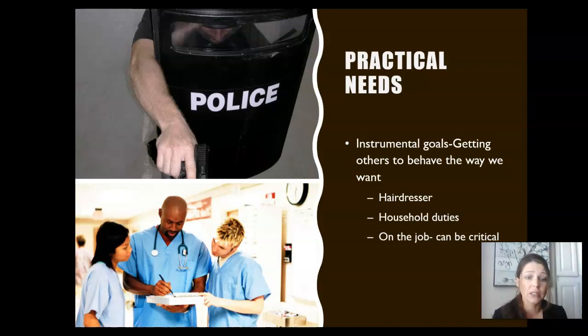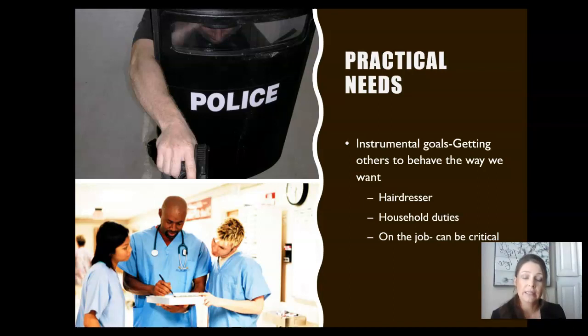So first responders have moments to communicate critical information and respond effectively in order to save someone's life. So mistakes can be made when we are unable to communicate practical needs successfully and effectively.